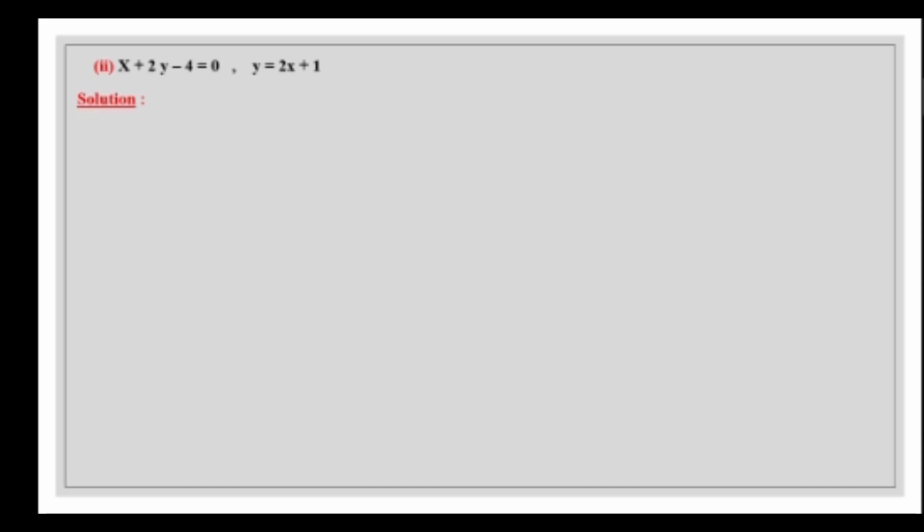Number 2. x plus 2y minus 4 equals 0 and y equals 2x plus 1. Solution. First of all, we must put the two equations in the form: the variables on one side and the constant on the other side.